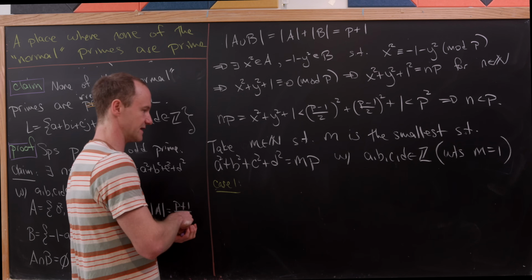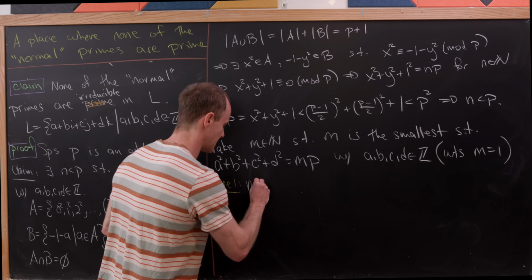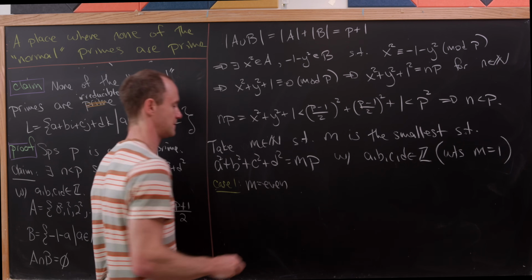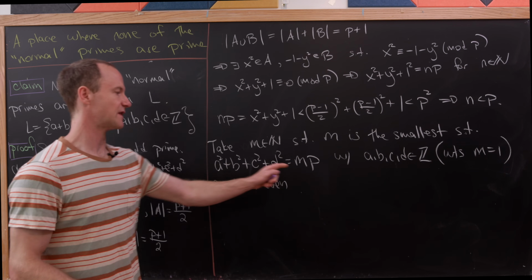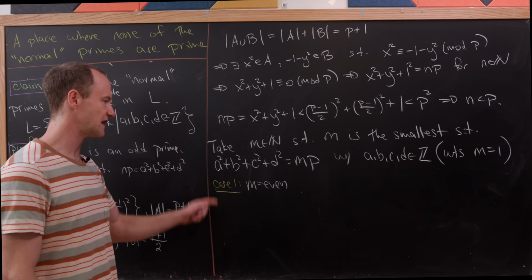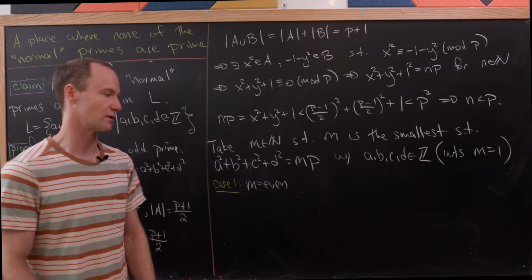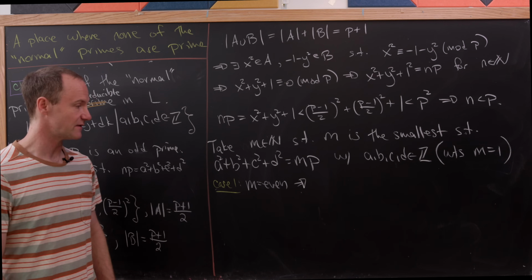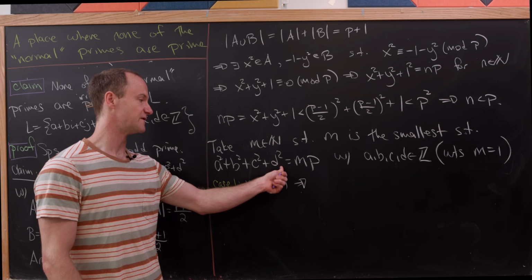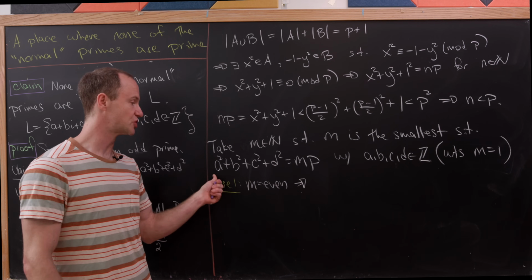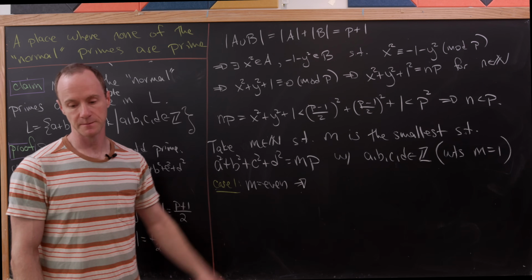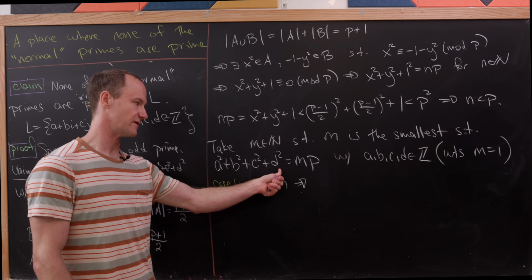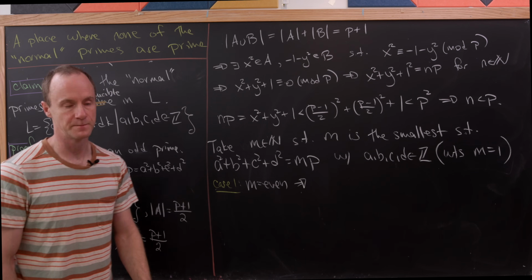That is what happens if m is even. Well, notice if m is even, the right-hand side of this equation is even, which means the left-hand side of this equation is even. But if the left-hand side of this equation is even, that means 2 of these are even and 2 of these are odd, or they're all even, or they're all odd.